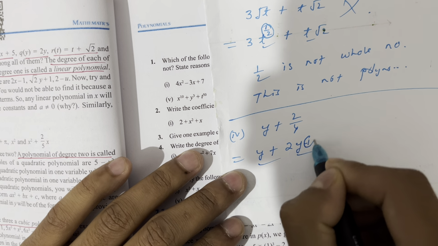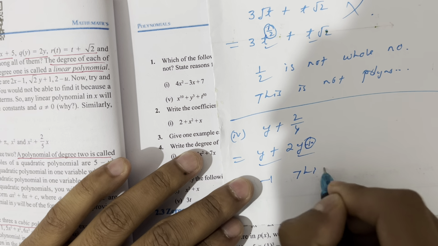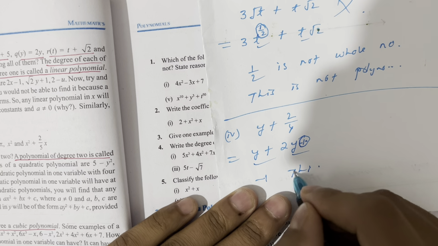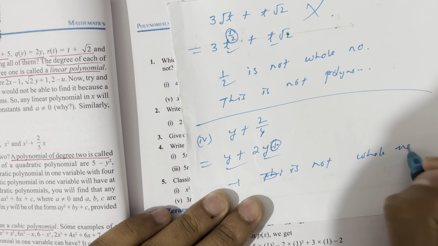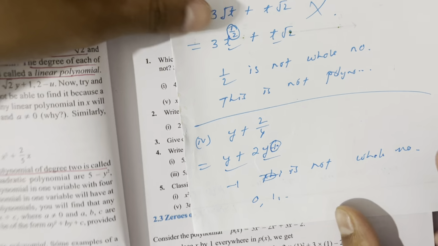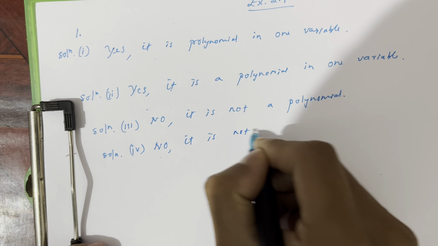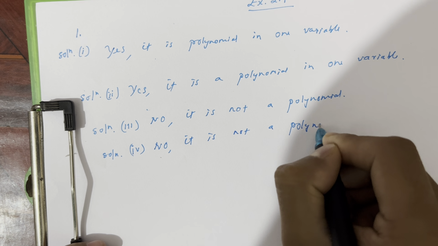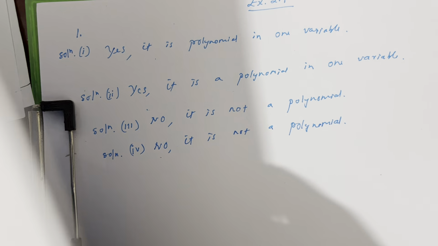But you check the power here, the exponent. Power here is minus 1. So minus 1 is not a whole number, because whole numbers start from 0, 1, 2, 3. So this is also not a polynomial. Solution number 4, you write no, it is not a polynomial. Okay, clear now?